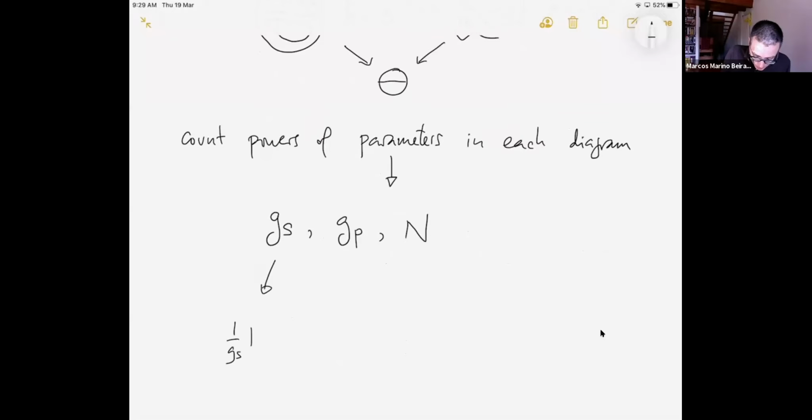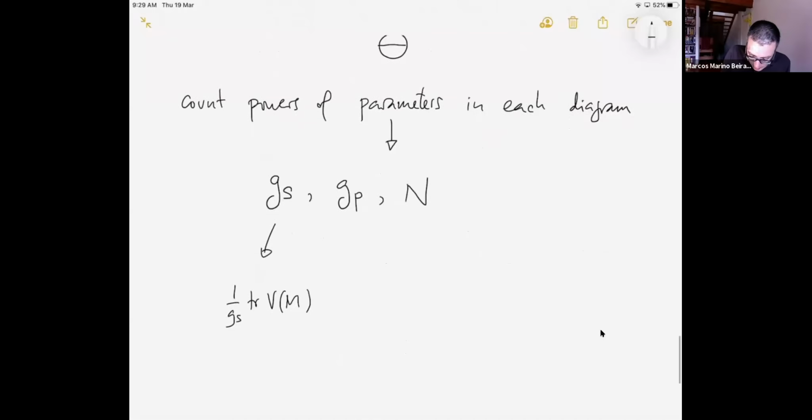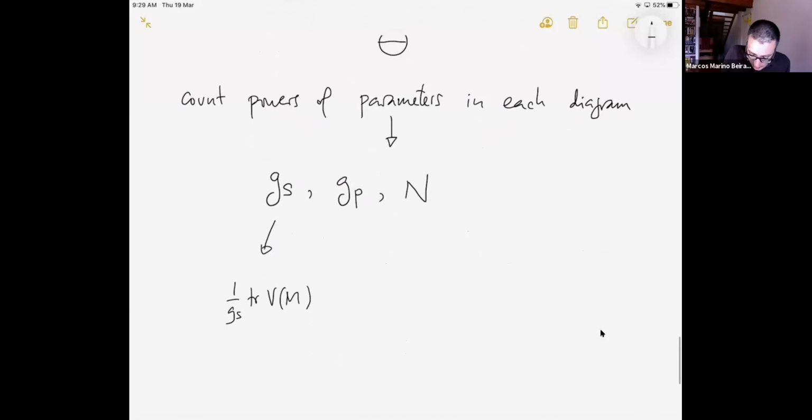And remember that the propagator, this is an equation that I didn't write today, but I wrote last time, has actually a power of GS. And so the two-point function in the Gaussian theory has a power of GS.